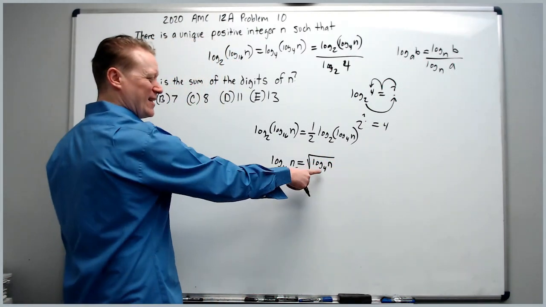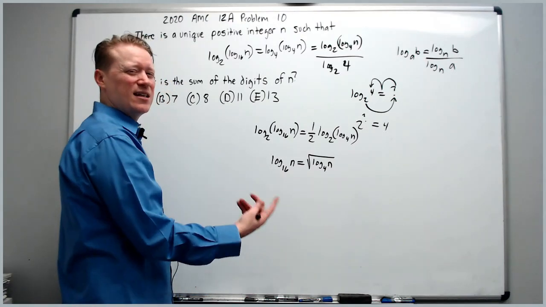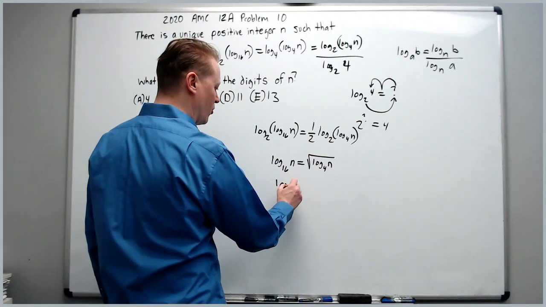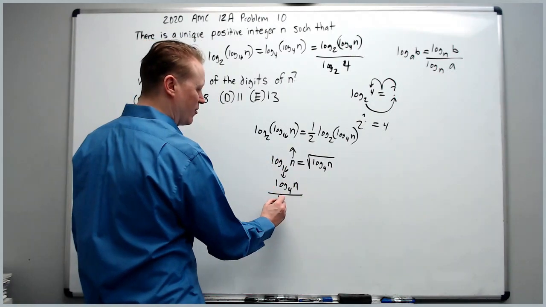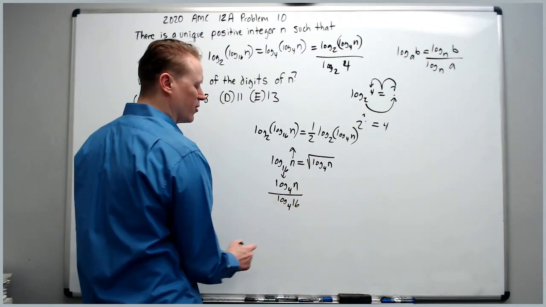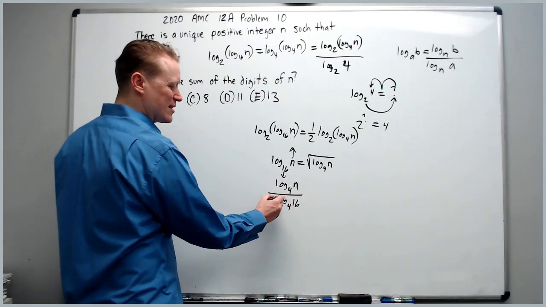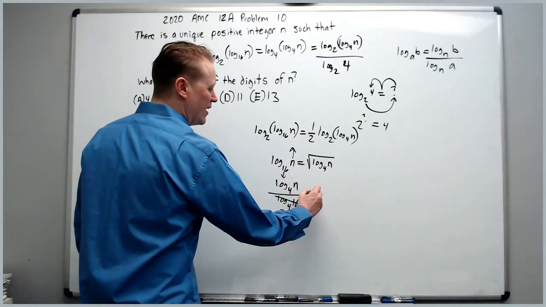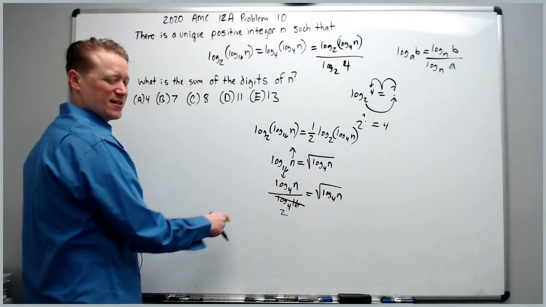Now, we want, again, the same base so we can work with it. So let's make the 16 into a base 4. We'll now have log base 4 of n with the n going up and the 16 going down to become log base 4 of 16. Again, 4 to the second power equals 16, so this is really 2. Now we have the square root of log base 4 of n equal to this expression.